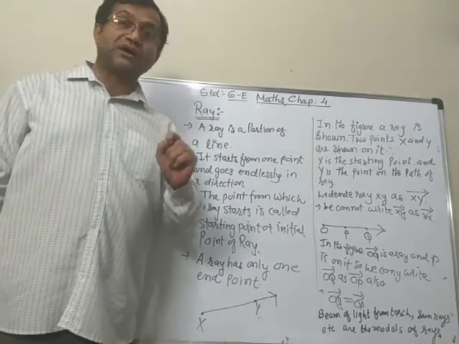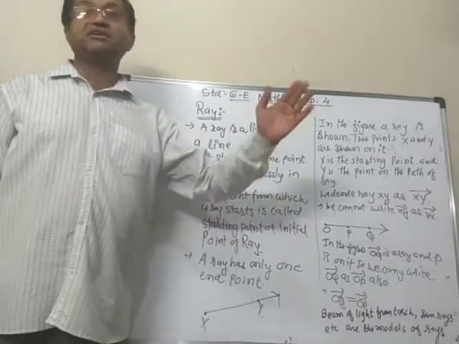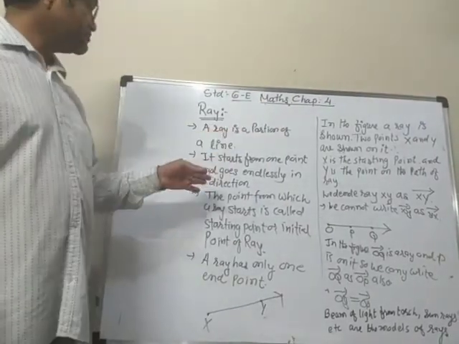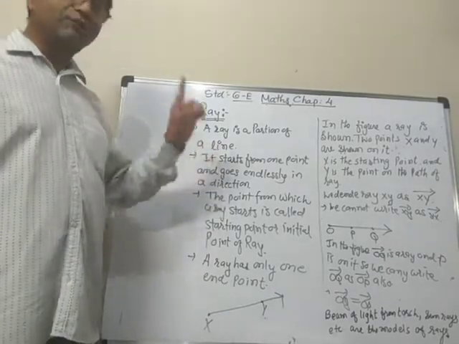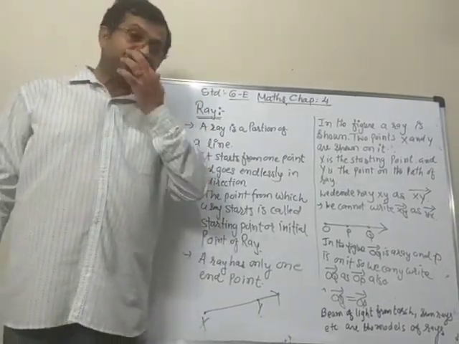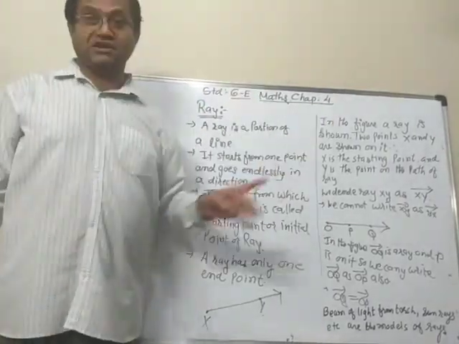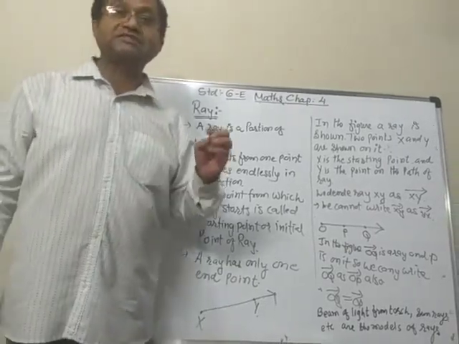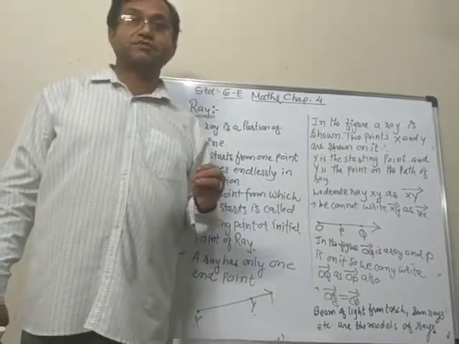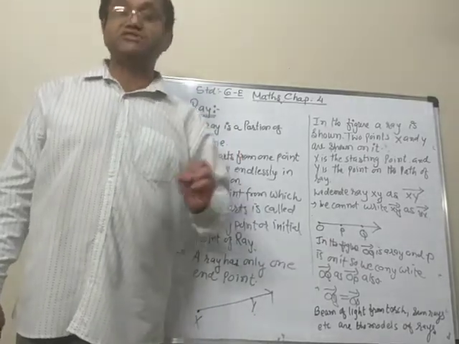A line was going both sides endlessly, in both directions. But here, the ray starts from one point and goes endlessly in only one direction. The point from which it starts is known as its starting point or initial point.